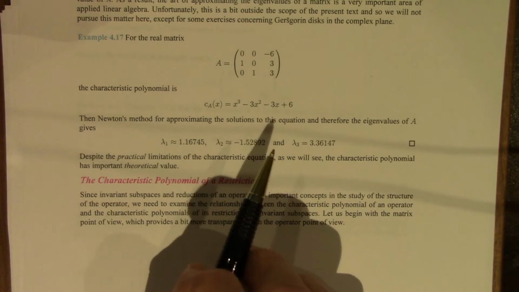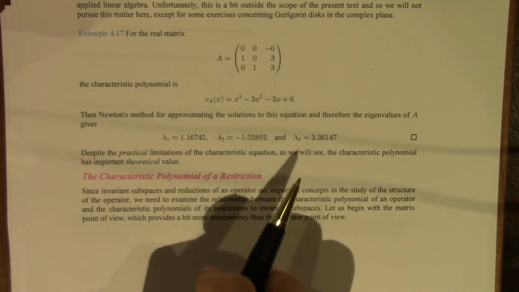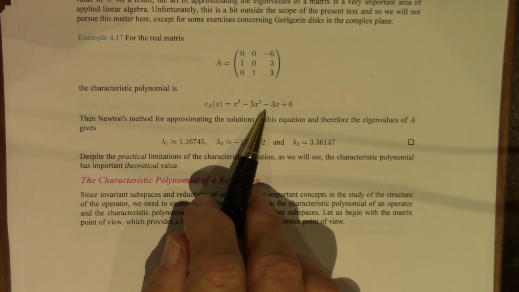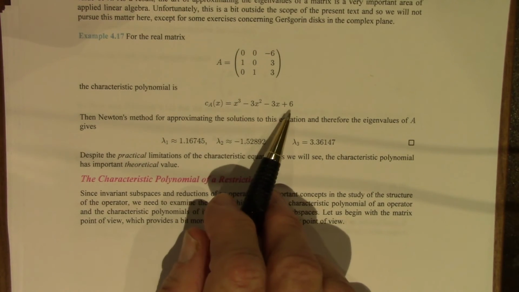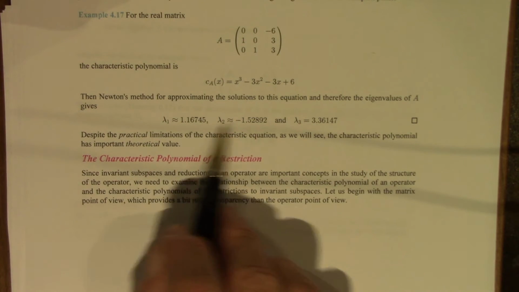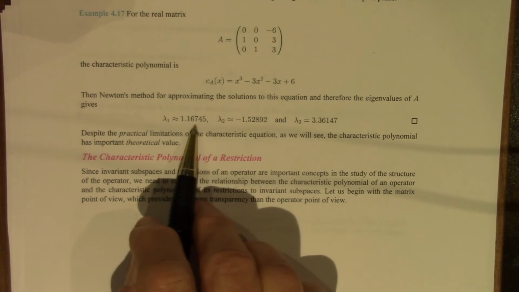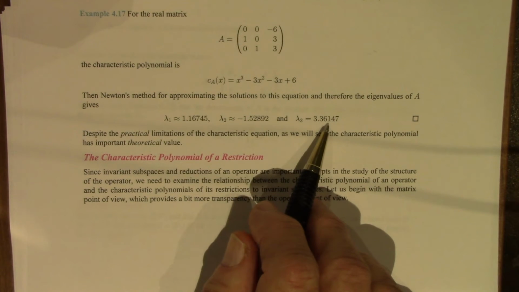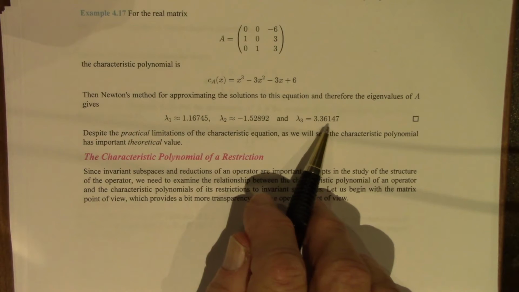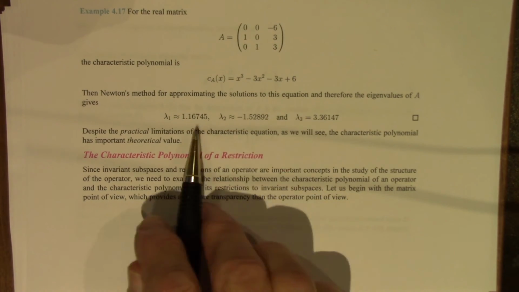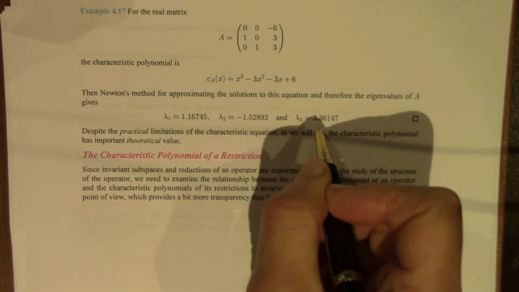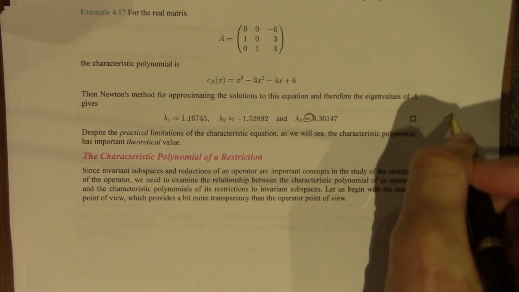But Newton's method for approximating the solutions to this equation, or in other words, the eigenvalues, will give these three values. And as I said before, this may be much more useful in actual computation, even though there's an error here because these are just approximations. This should be an approximation sign.